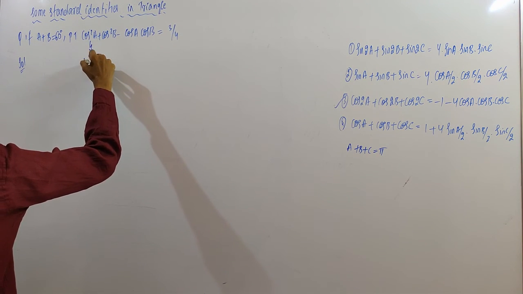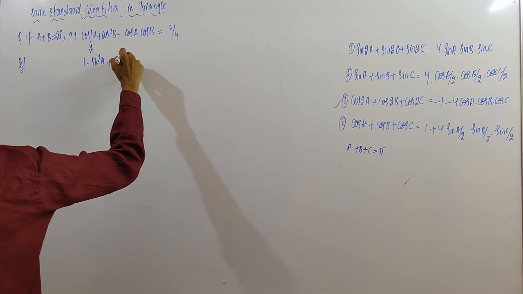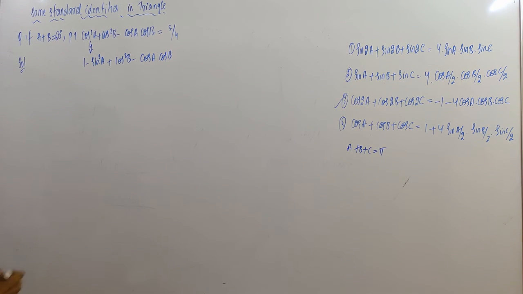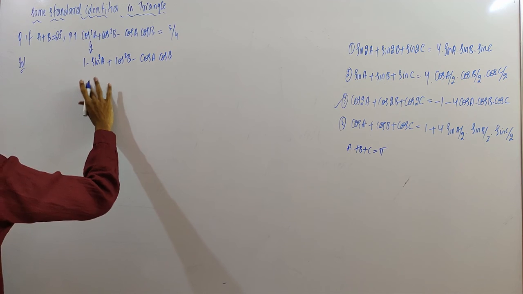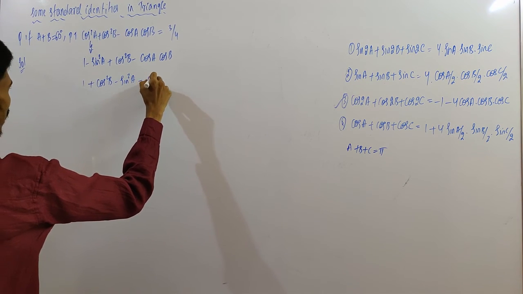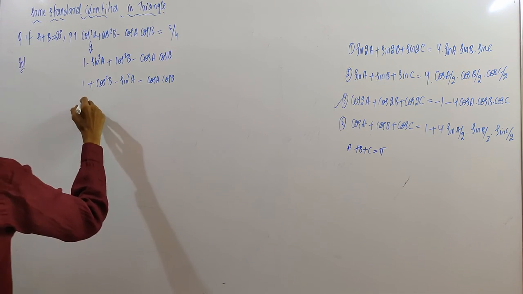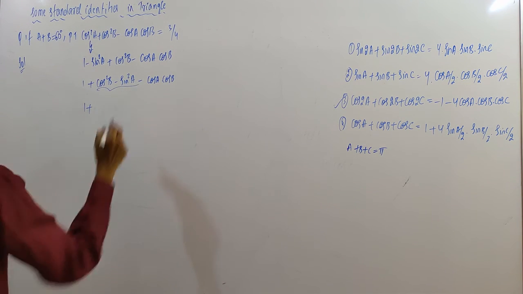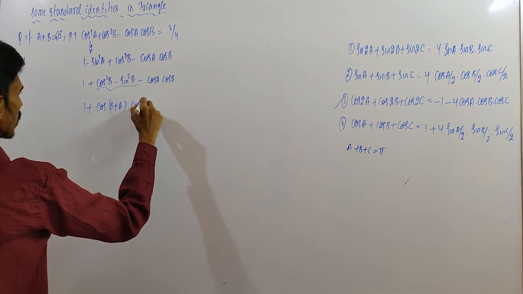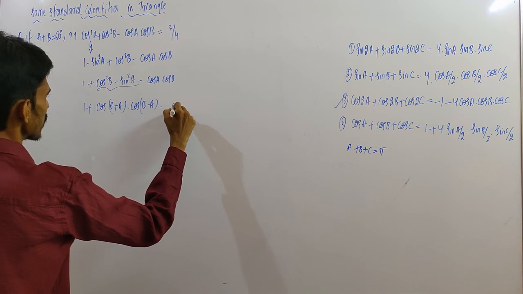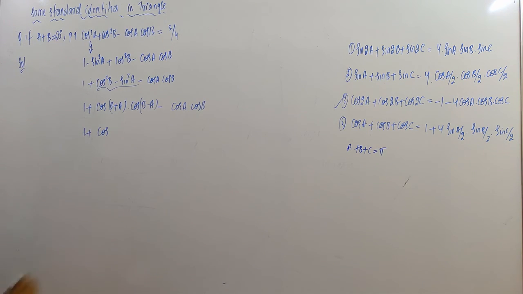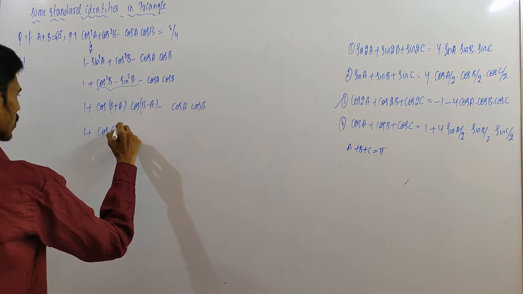So this can be written as 1 minus sine square A plus cos square B minus cos A cos B. Now write down 1 plus this term cos square B, next minus sine square A minus, apply the formula cos square B minus sine square A value is cos A plus B. Here we have B plus A into cos B minus A minus cos A cos B. 1 plus cos A plus B or B plus A value is 60 degree.